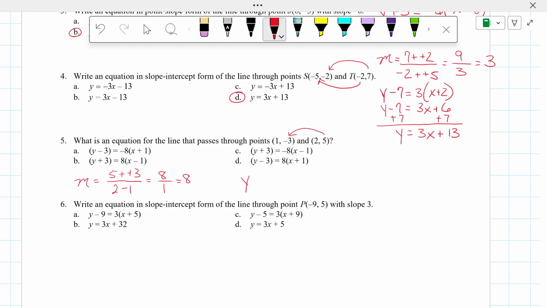So we go y plus 3 is equal to our slope, which is 8, times the letter x and the opposite of our x value, which is minus 1. All right, so B right here.